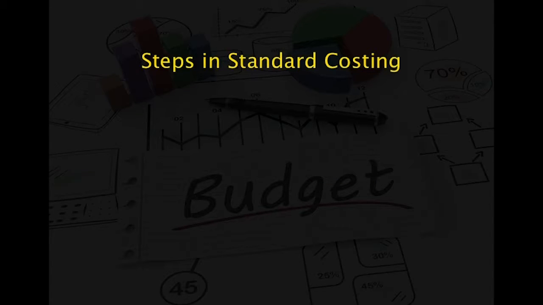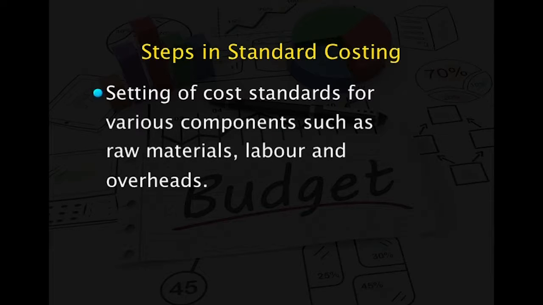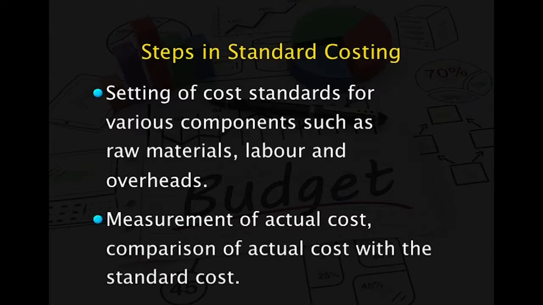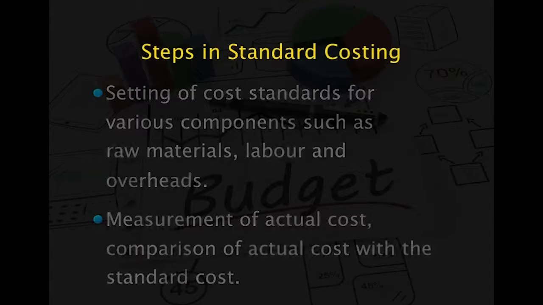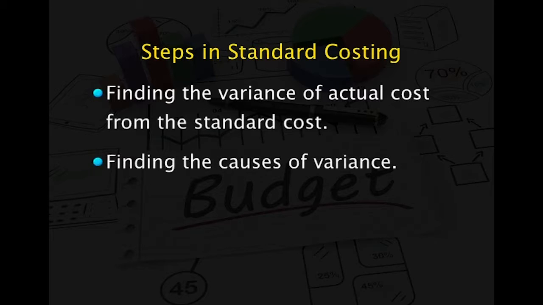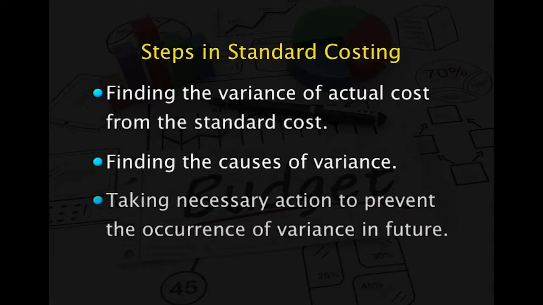The various steps in standard costing are setting of cost standards for various components such as raw materials, labor and overheads, measurement of actual cost, comparison of actual cost with the standard cost, finding the variance of actual cost from the standard cost, finding the cause of variance, taking necessary action to prevent the occurrence of variance in future.